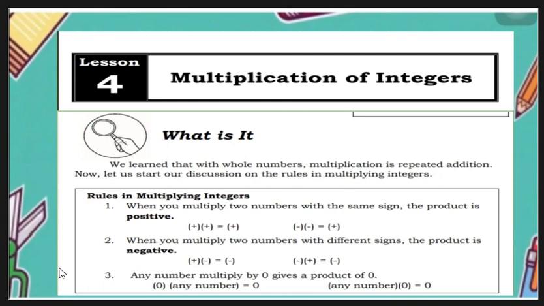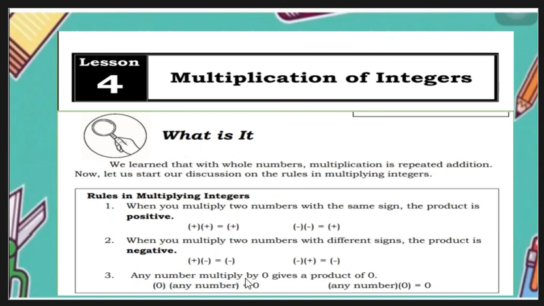That's rule number 1. Rule number 2, when you multiply two numbers with different signs, magkaiba, the product is negative. For example, positive times negative is equal to negative. Another one, negative times positive is equal to negative. That is rule number 2.